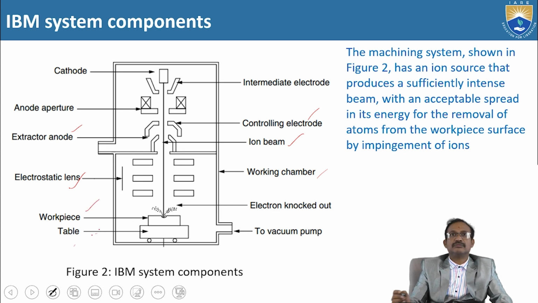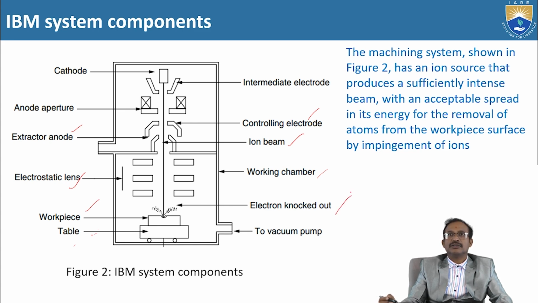This is the table where the workpiece is mounted. Next, electron knocked out. This is the vacuum pump to create vacuum.